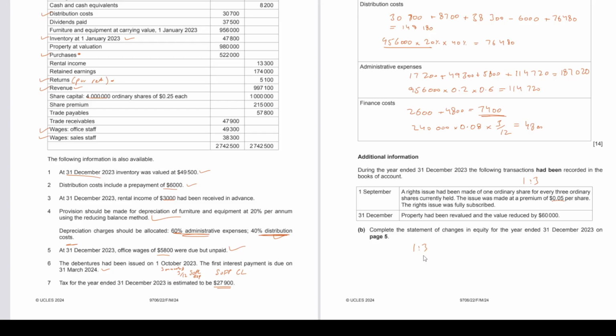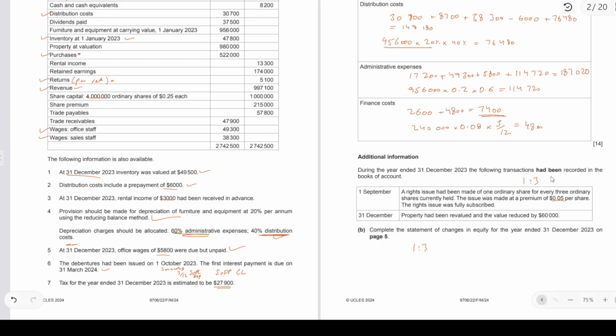You know what? This is tricky. And be very careful with this. So the 4 million in issue is at the end of the year. You hear that? That's at the end of the year. That means this does not represent the original number of shares before the rights. This is after the issue.